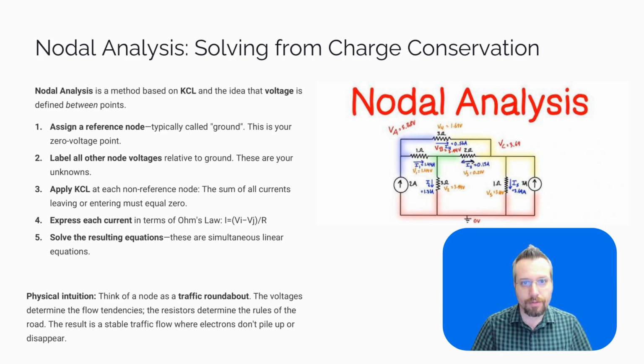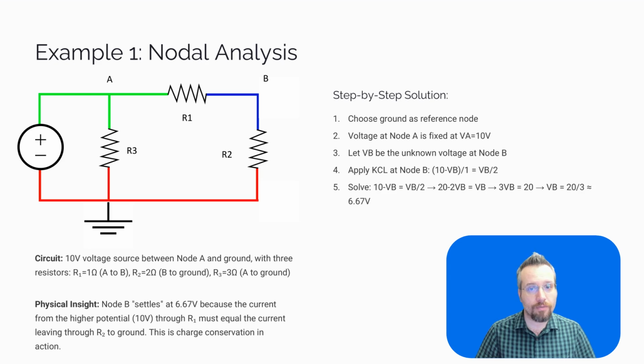Let's walk through an example. From the circuit schematic, we know that the source voltage is equal to 10 volts, and it is connected between node A and ground. Resistance 1 is 1 ohm, and it is between node A and node B. Resistance 2 is 2 ohms, and it is between B and ground. Resistance 3 is 3 ohms, and it is between A and ground.